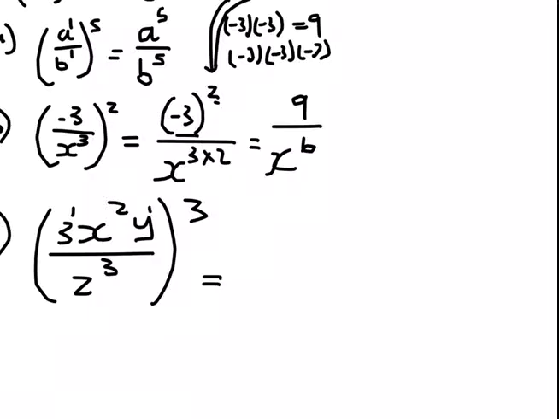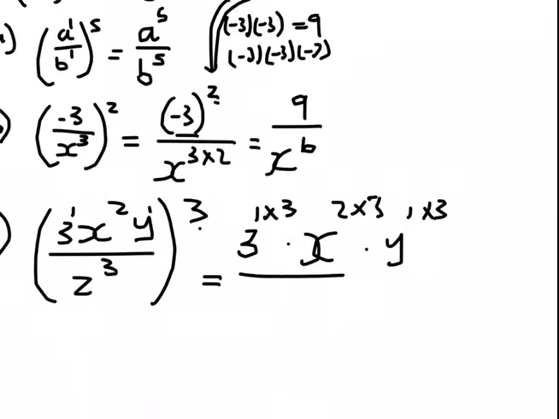So that means this exponent of 3 multiplies each base, or the exponent of each base. So that means it will be 3 to the exponent of 1 times 3. Again, you have that letter x, 2 that you multiply by 3. And then you have y, where you have 1 that you need to multiply by 3. This is being divided by z.